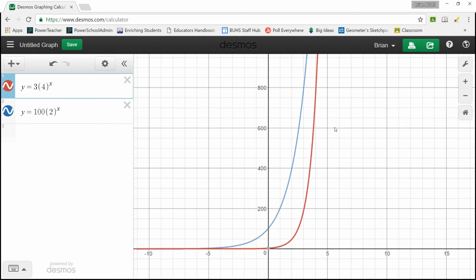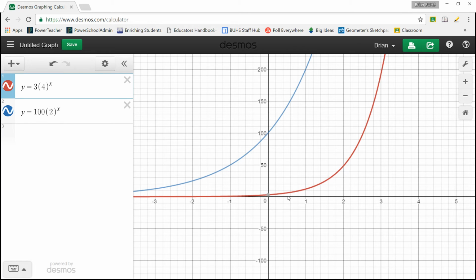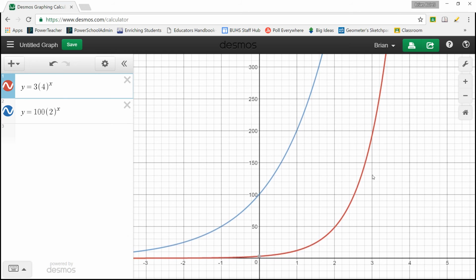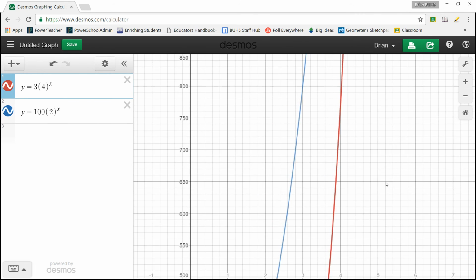But notice in terms of growing more quickly, this one actually is growing slower. It's less steep right here, right? Would you agree that this blue line is steeper than this red curve? But notice that this red curve suddenly starts picking up steam, and it's all like, I think I can, I think I can, I think I can.